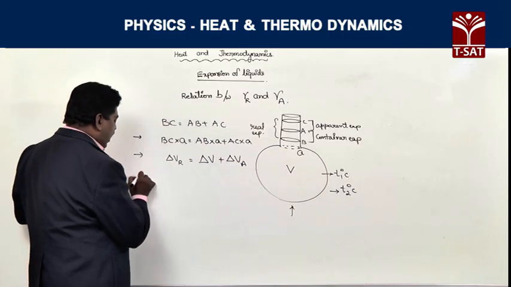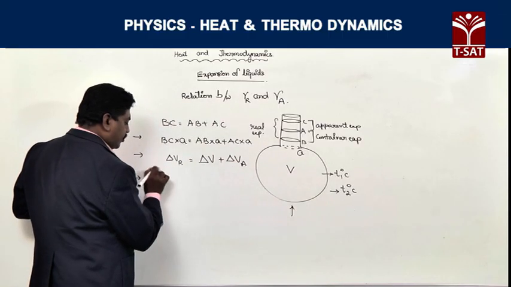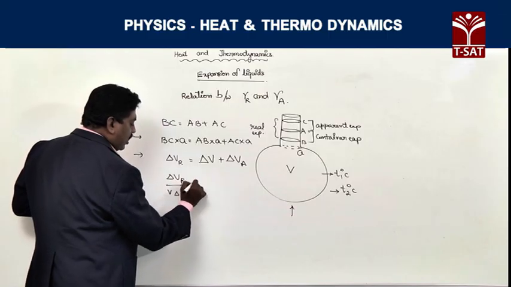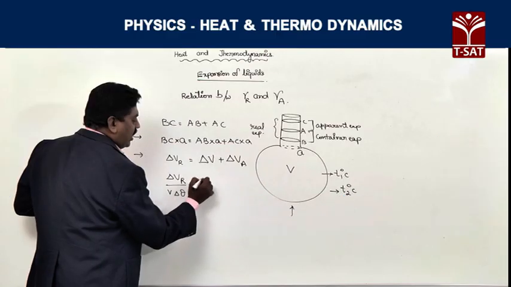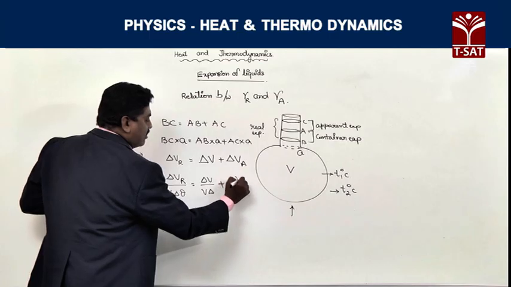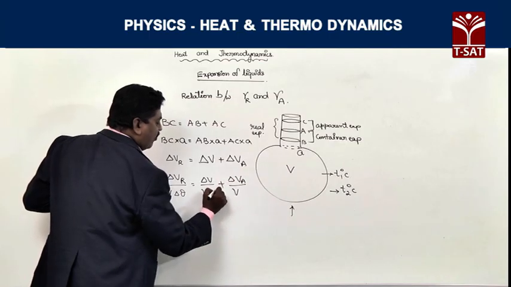Divide throughout by V delta theta. Delta VR by V delta theta is equal to delta V by V delta theta plus delta VA by V delta theta.